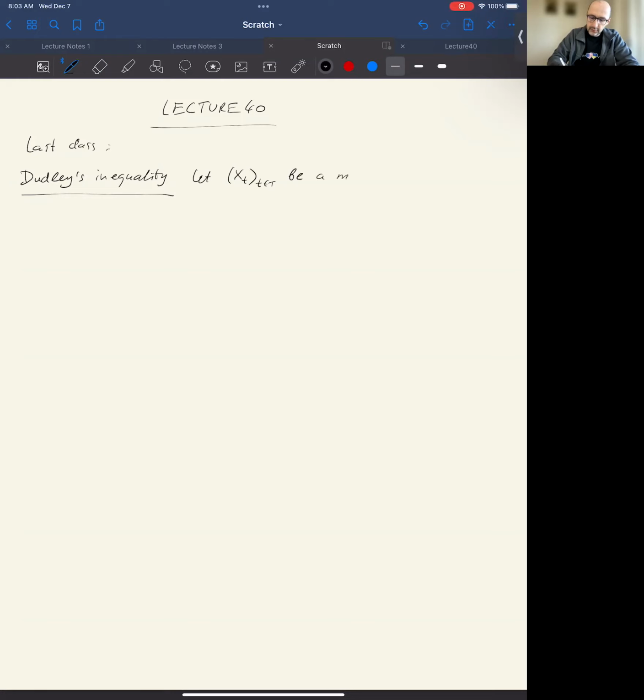Let's say a mean zero stochastic process. Mean zero means that all random variables involved in this process have mean zero. We can always do that by subtracting the mean. On an arbitrary set.